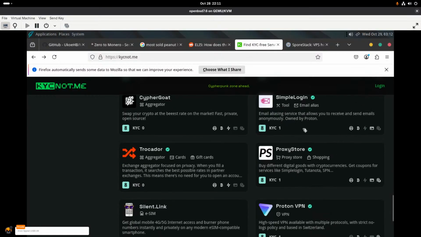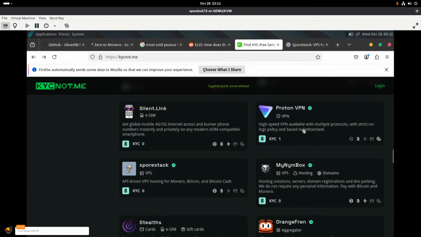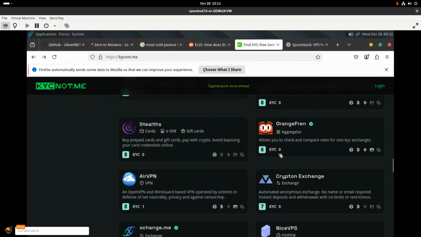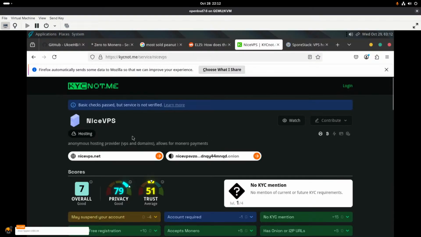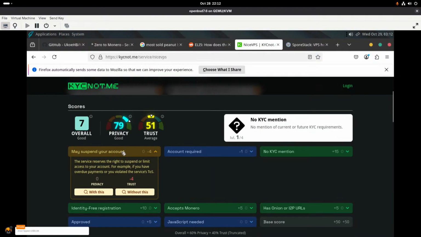Proxy Store is great. I've used them. Silent Link, never used it. Very expensive though. Orange Friend, aggregator. Nice VPS, anonymous hosting provider. You have to remember that they may suspend your account.